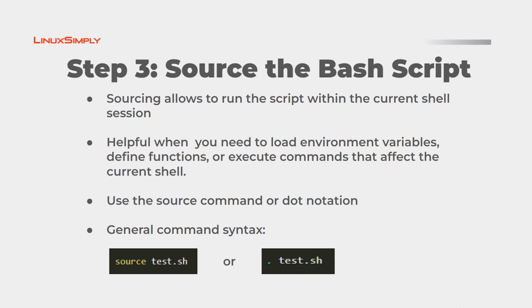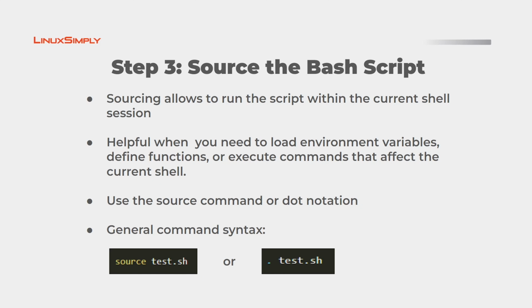Step 3 is about sourcing the bash script. This step is optional. If you want to see the output from your bash script, only running the script is enough. However, sourcing has its own advantages. It allows you to run the script within the current shell session, that is, the current bash terminal. This is helpful when you need to load or update the current shell session's environment variables, also define user-defined functions, or execute commands that influence the current shell.